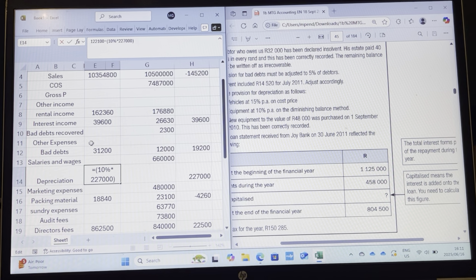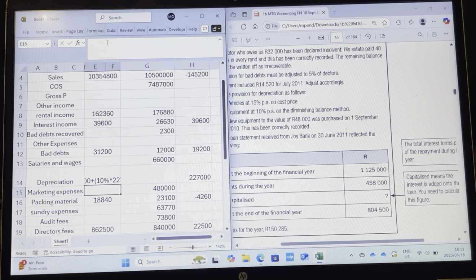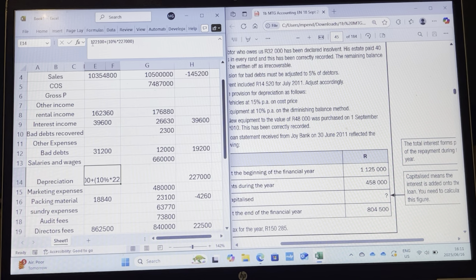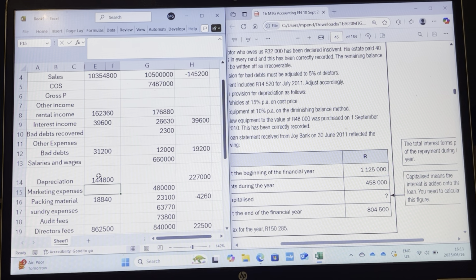Close my brackets, put my equal sign. There we go. So we currently have 144,000.